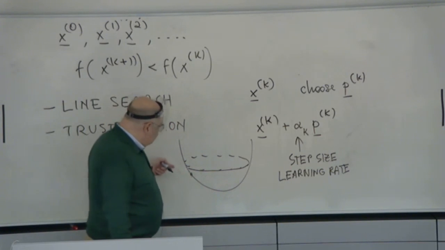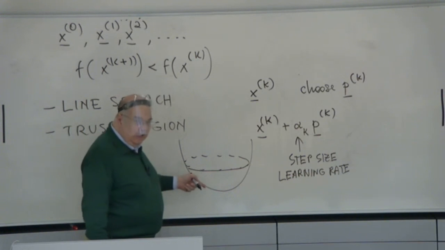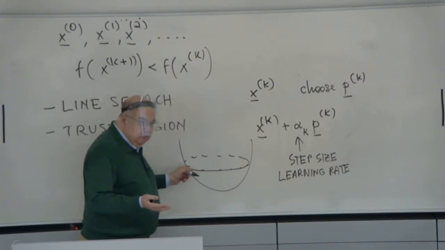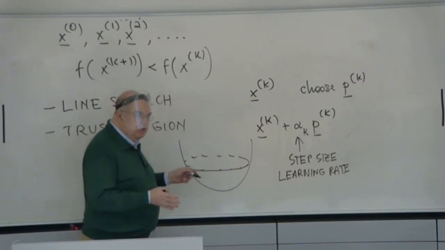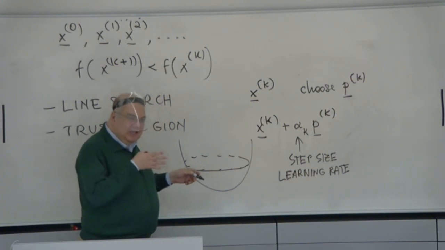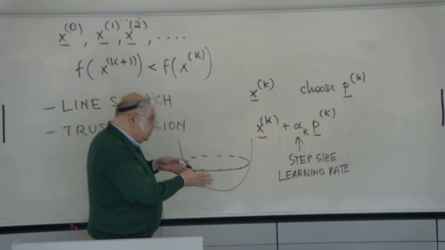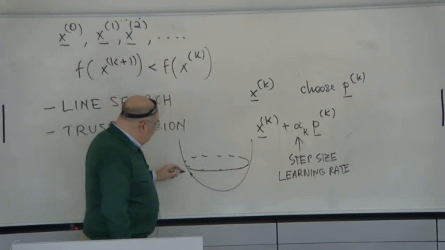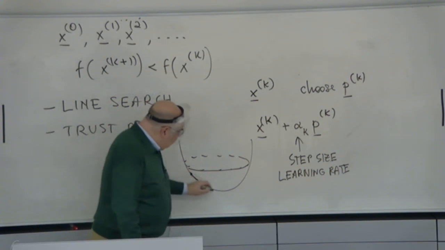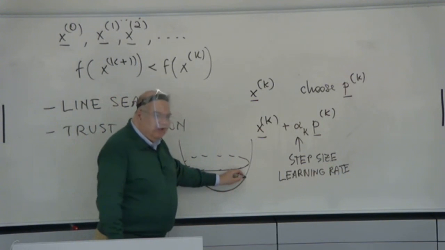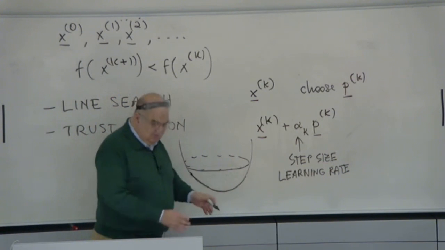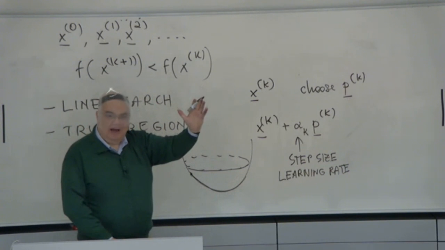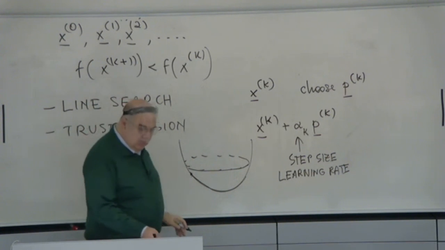This is what is called the descent direction. We will choose the direction so that it is a descent direction, that is, the directional derivative along that direction is negative, so we are decreasing the value of the function. But you cannot go too far along the same direction, because you are going down and then at some point you're back going up, which is something you don't want.